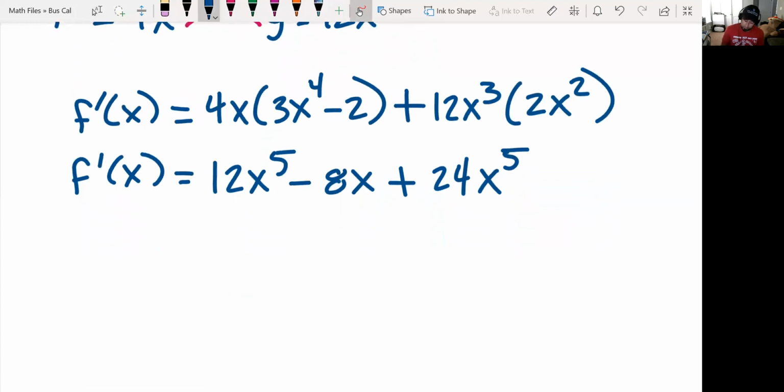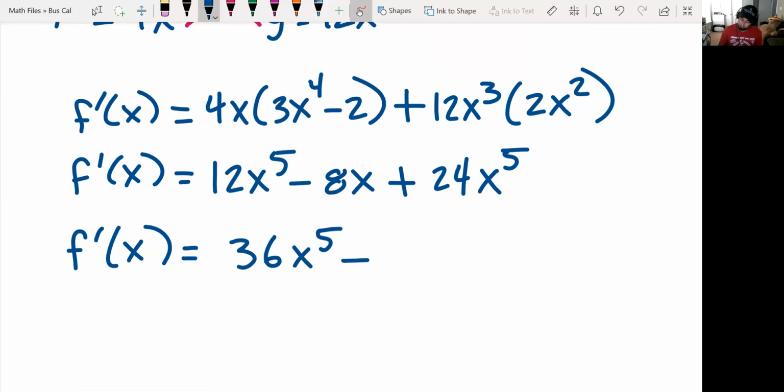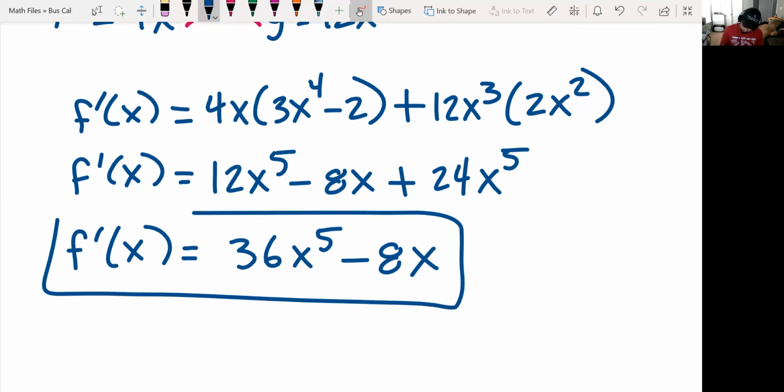Combine like terms, and it's done. 36x to the fifth minus 8x. And that's it. That's using product rule.